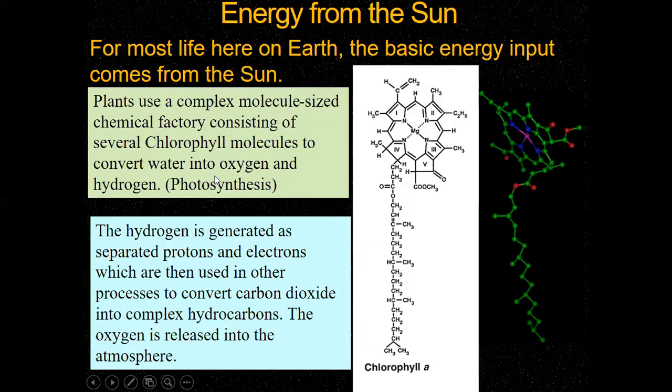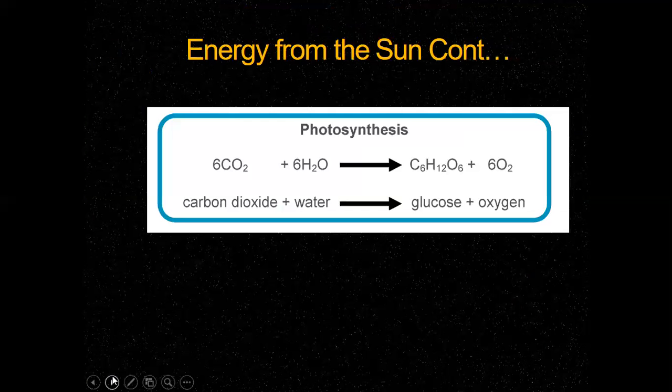We call this photosynthesis. The hydrogen is generated as separated protons and electrons, which are then used in other processes to convert carbon dioxide into complex hydrocarbons. The oxygen is released into the atmosphere, where we use it to breathe.